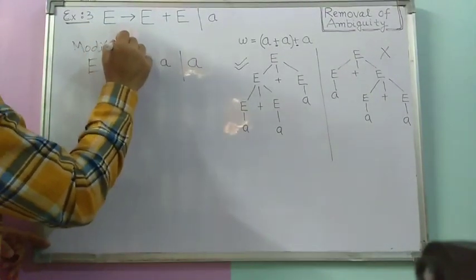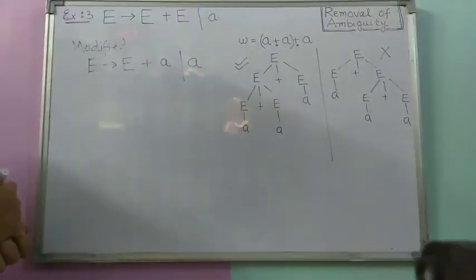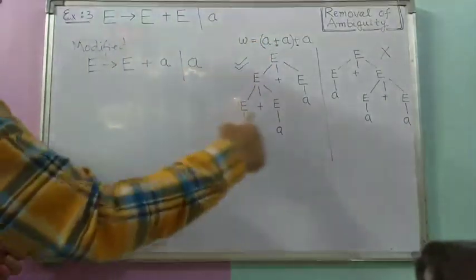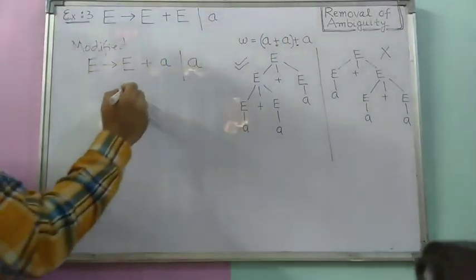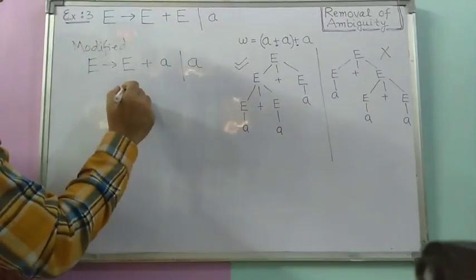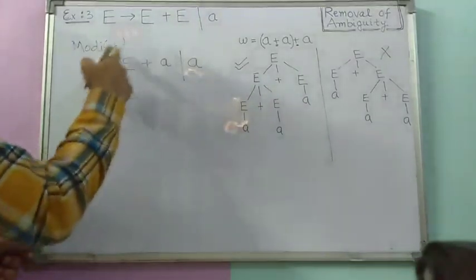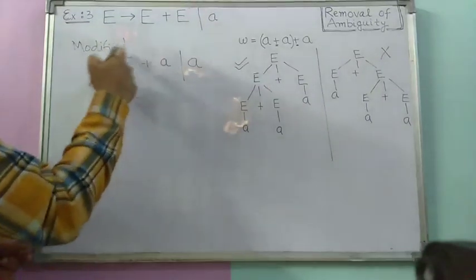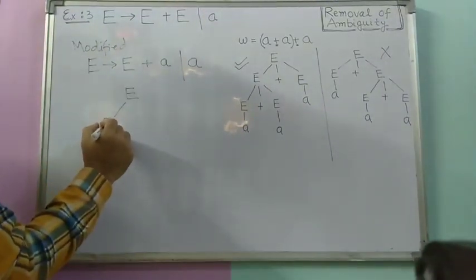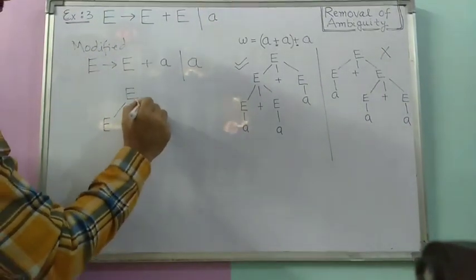You can see that this is unambiguous. If you go by this grammar, you will be able to generate only this kind of structure. Just look, we are again trying to derive this word. We will start from E. We want pluses, so we are bound to use E plus a.